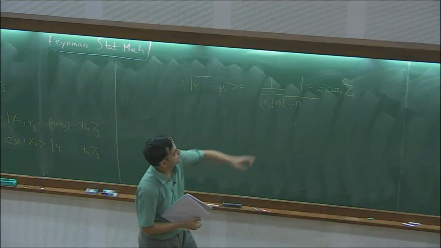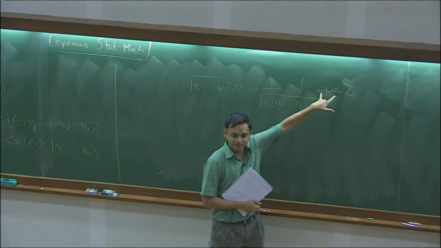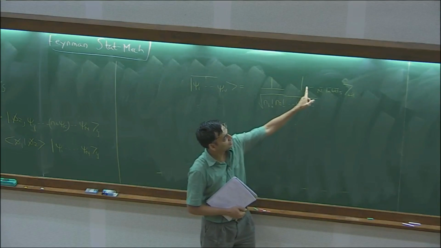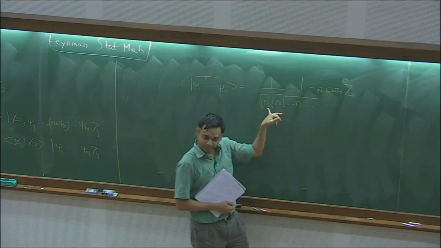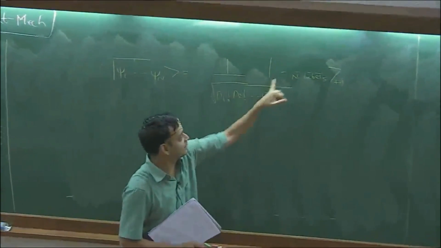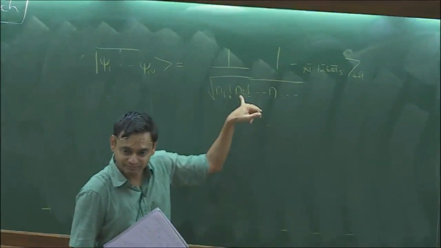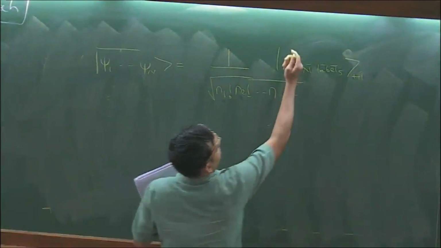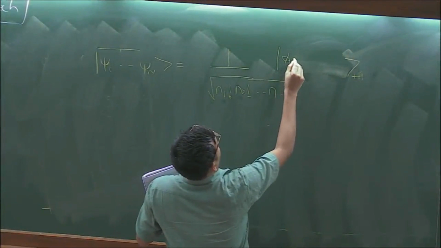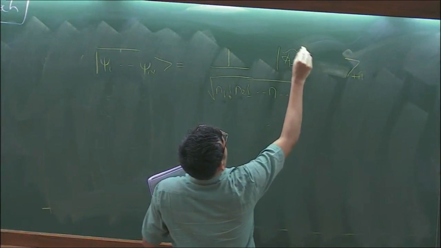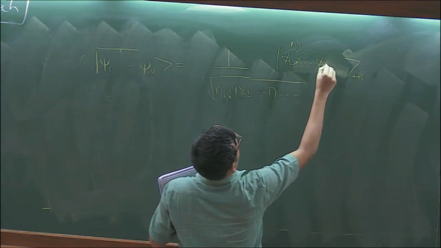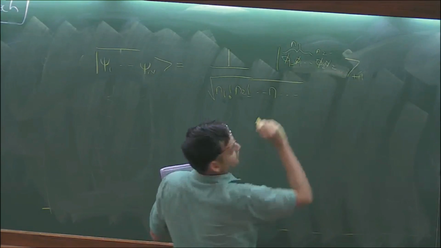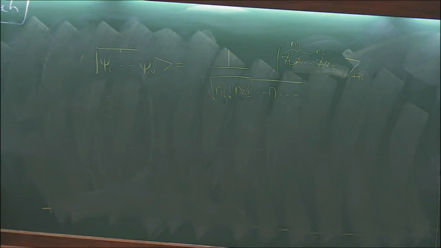That was a normalized bosonic state with n labels. And n1 just said that in those n labels, the first label appeared n1 times, the second label appeared n2 times. So it was, for example, phi 1, n1 times, then phi 2, n2 times, like that. That was a bosonic state.